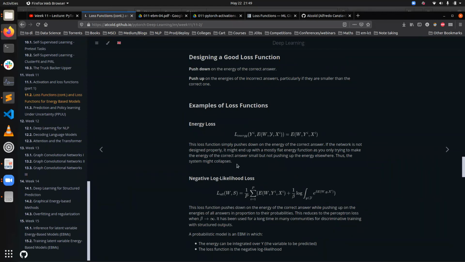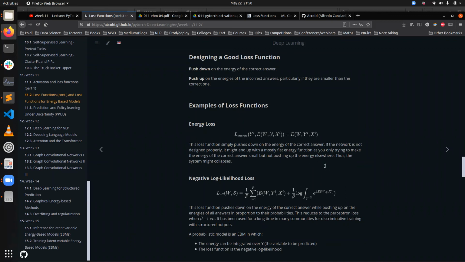But I think Jan mentioned that there are still certain places where this simple energy loss function works. What he said was, there are certain cases when you can only have low energy at a single point, and you automatically have high energy elsewhere.